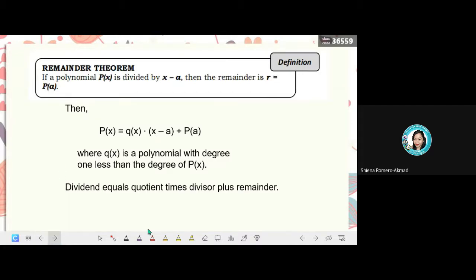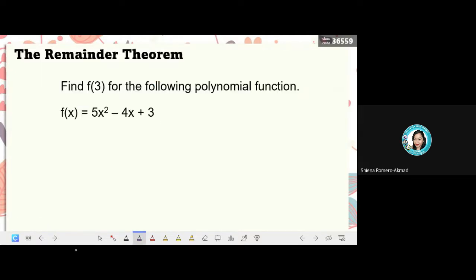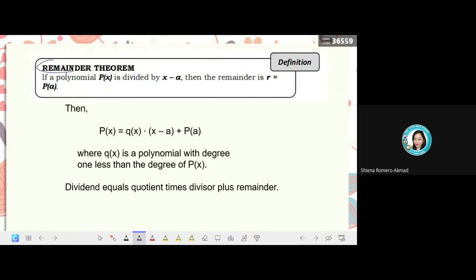So our next topic is the remainder theorem. We had a question earlier where we were asked, what is the remainder if we are going to divide? When we divide, you can see there is a remainder. Actually, even if you don't divide, if you use a different method, you can also look for the remainder.